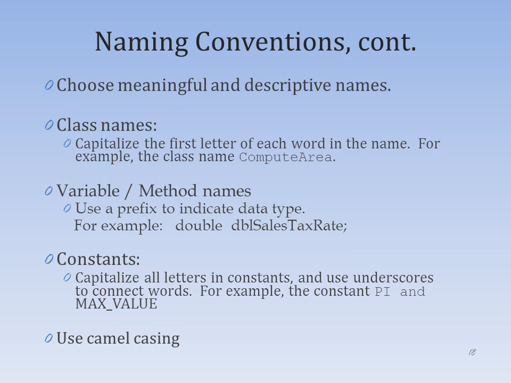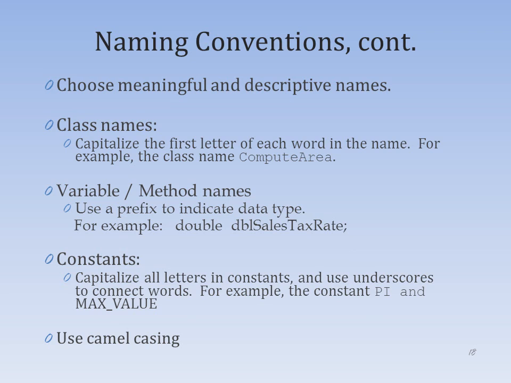And since methods aren't a data type, we wouldn't use that prefix. So that's one way of distinguishing between a name that is a method and a name that is a variable, if a variable is using that prefix.